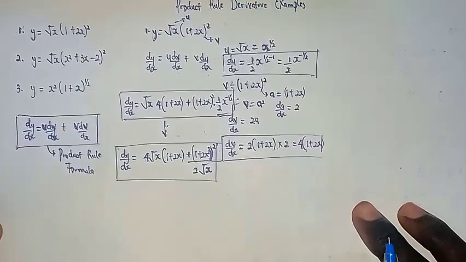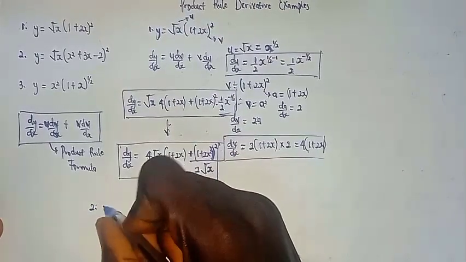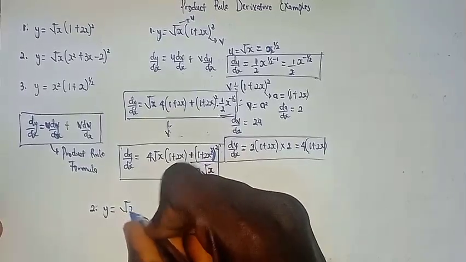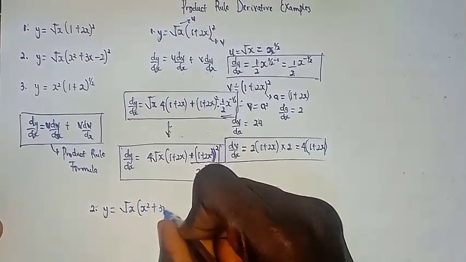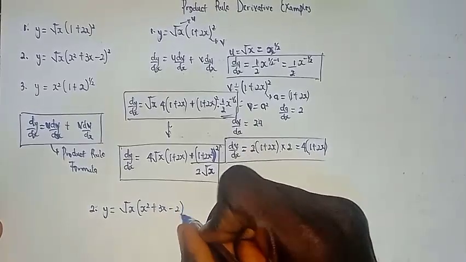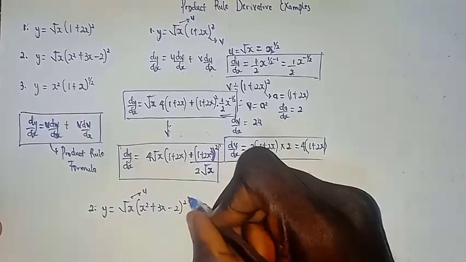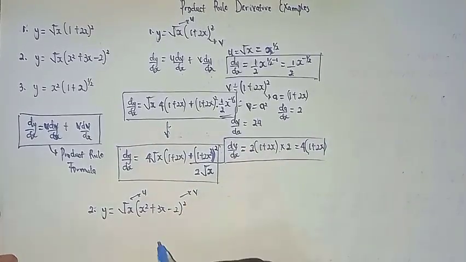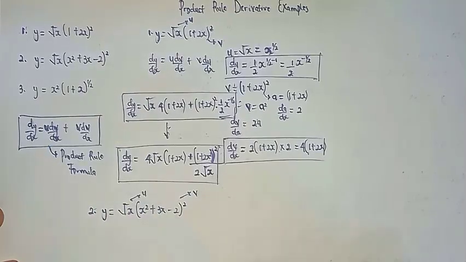So our second question becomes y is equal to square root of x multiplied by (x squared plus 3x minus 2) all squared. So this is our u, and then this is our v. And then our general formula for product rule differentiation is this, right?